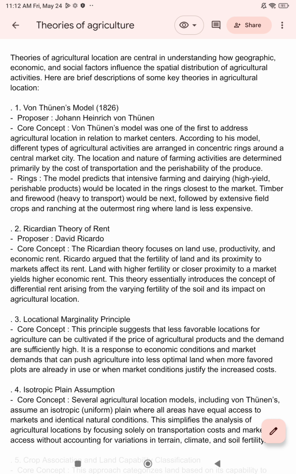The transportation cost is high, and these are kind of perishable products. So we can say dairy, horticulture, flowers, and vegetables. These are high in demand, and the cost for their transportation is also high, and these are also perishable. So the first zone will concentrate on that.